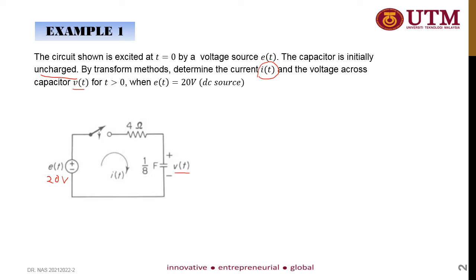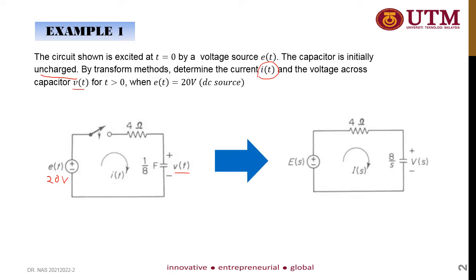So in order to solve this, you need to transform the circuit into an S-domain circuit. The source e(t) becomes E(s). 20, when you convert into S-domain, is 20 over s, and R stays as it is. The capacitor becomes 1 over sC.